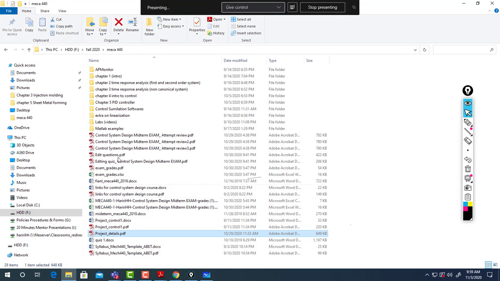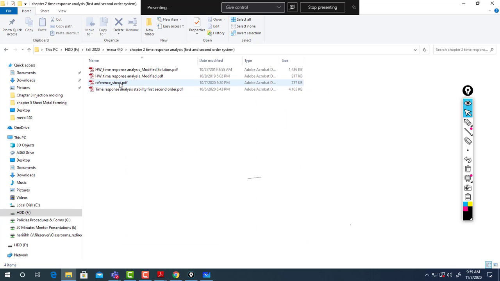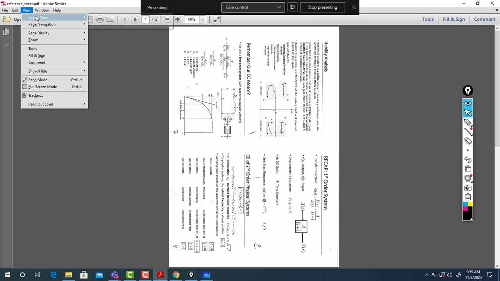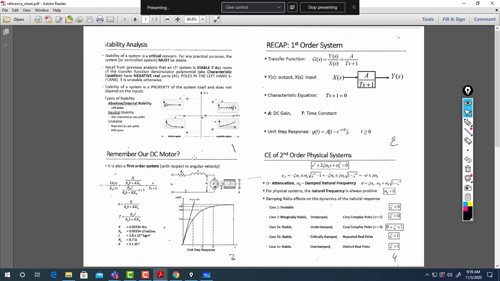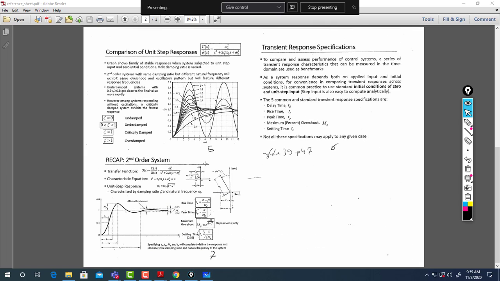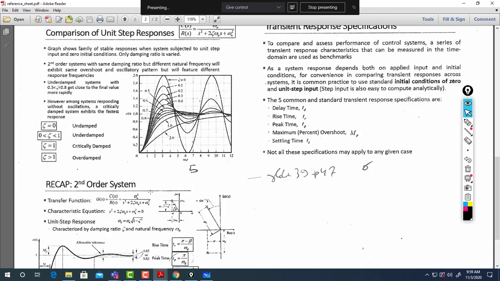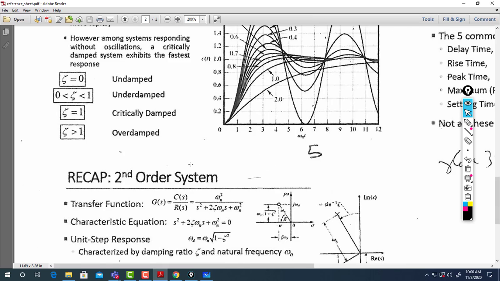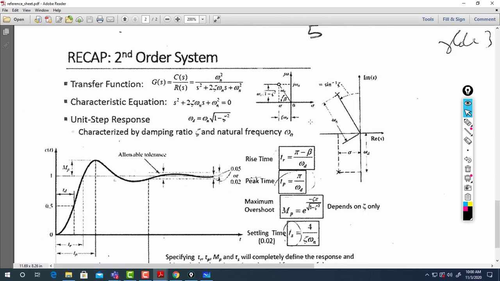It's not very clear because it's a scanned copy, but you see that's omega d.